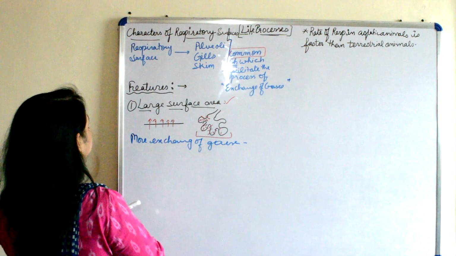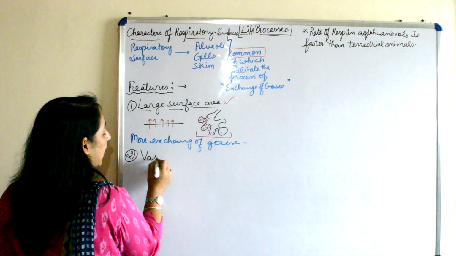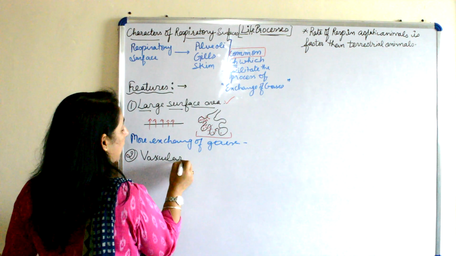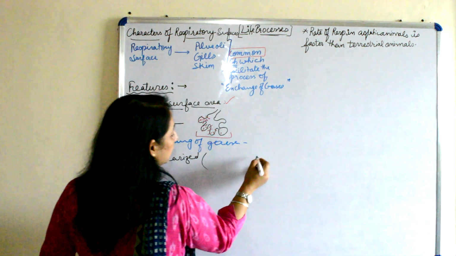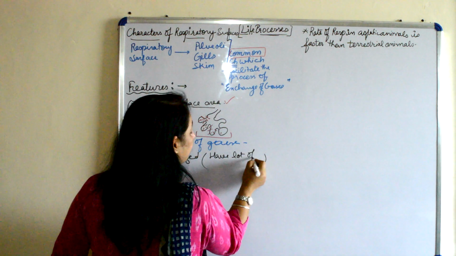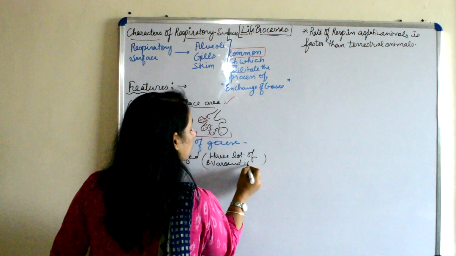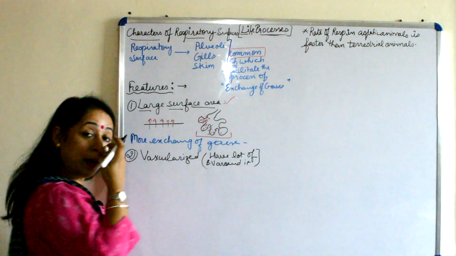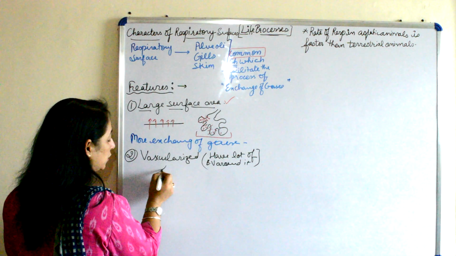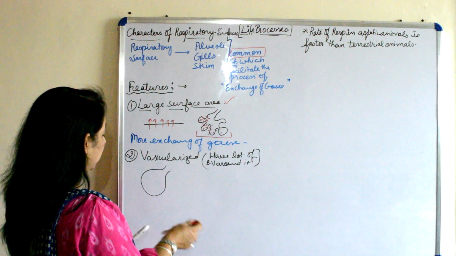Second characteristic feature which it must have is it should be vascularized, or simply, it should have a lot of blood vessels around it. Why? So that if suppose this is an alveoli, it has a large amount of blood vessels around it.